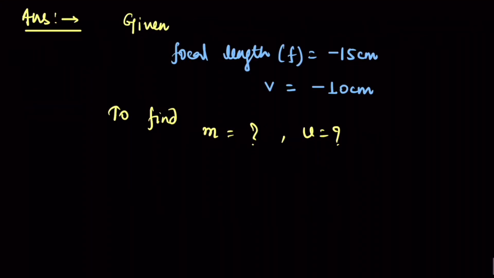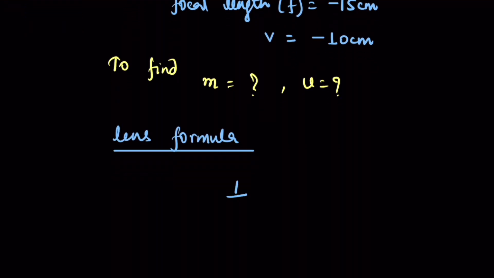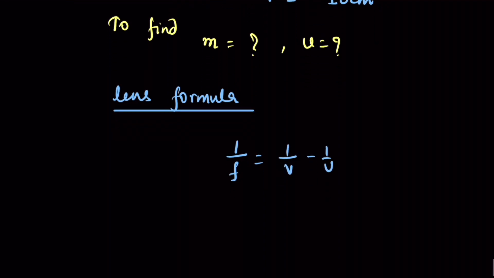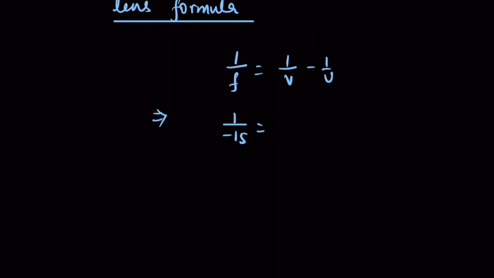So we can use the lens formula, which is 1 by f is equal to 1 by v minus 1 by u. And substitute the value. F is minus 15, so 1 by minus 15. V is minus 10.